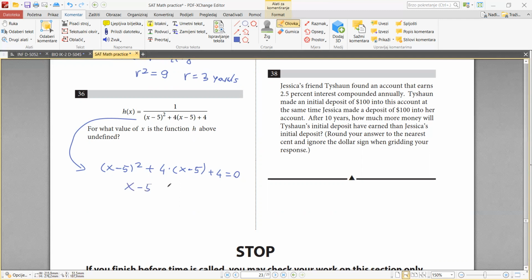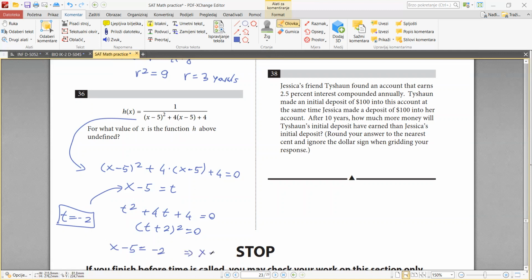So x minus 5 equals t. So t² plus 4t plus 4 equals 0. And this is (t plus 2)² equals 0. And we get t equals minus 2 as our result. And moving on here, x minus 5 equals minus 2. And then x must be equal to 5 minus 2, or 3.